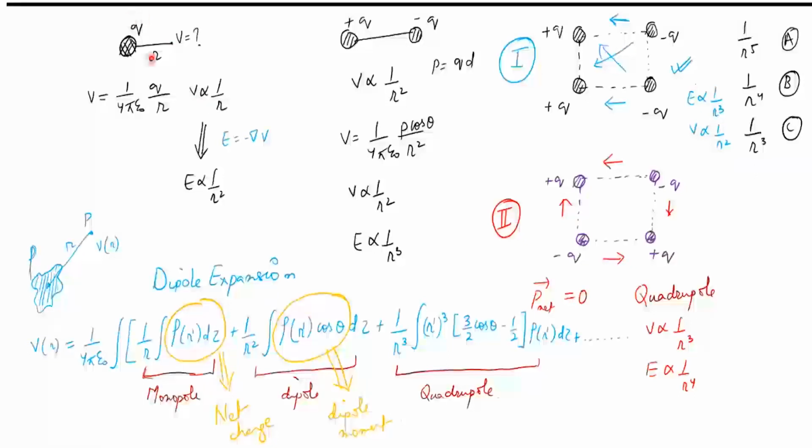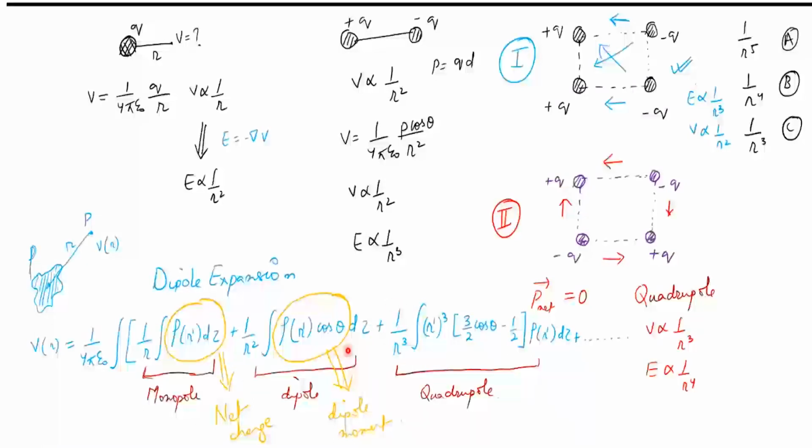Now, in this example, can you see the first one? What is the net charge here? Q. That means this term will be non-zero or zero? Non-zero. And you can see that each term is multiplied by 1 by r, then 1 by r squared, then 1 by r cubed.